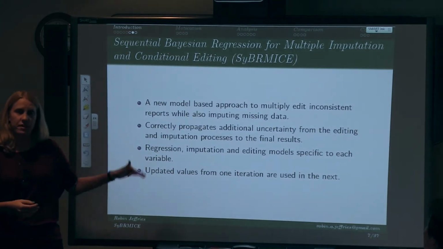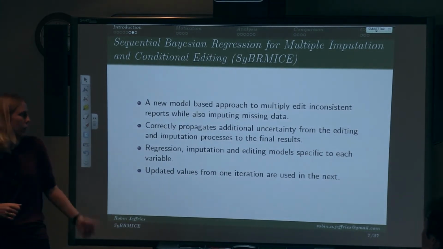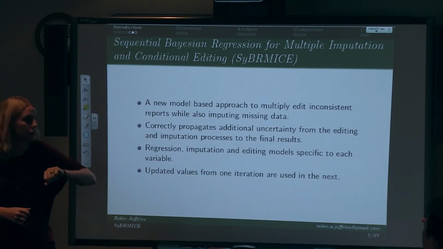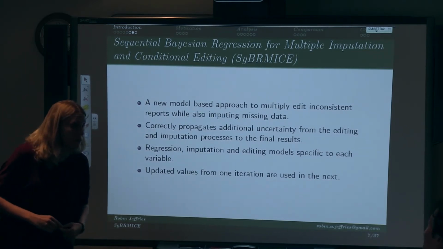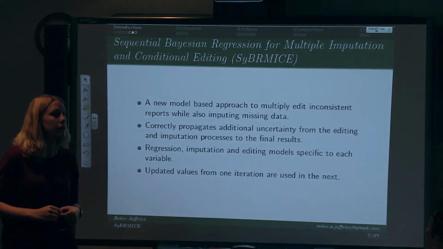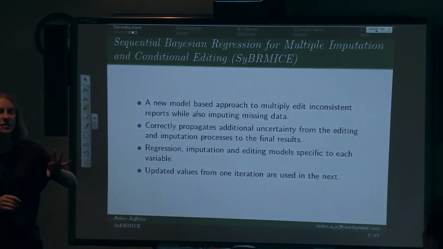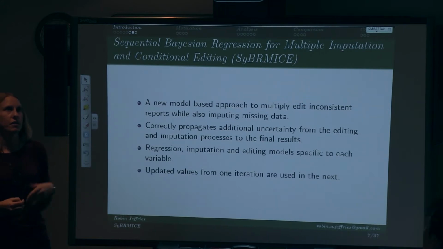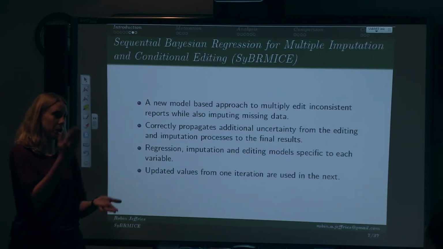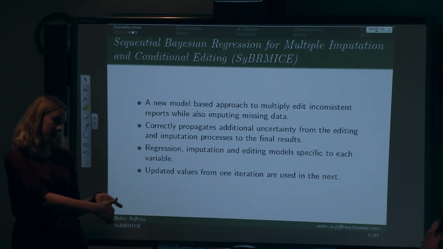So it's specific to each variable. So Robin, for each variable, can you come up with specific edit logic rules? Yes, they're not really rules. They're not, because logic rules implies deterministic editing, where you do it once and this is the decision and this is always how it is.